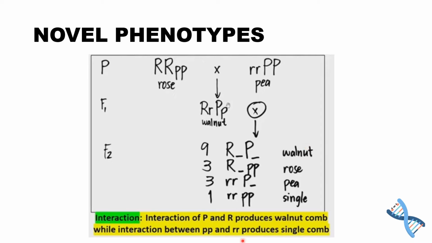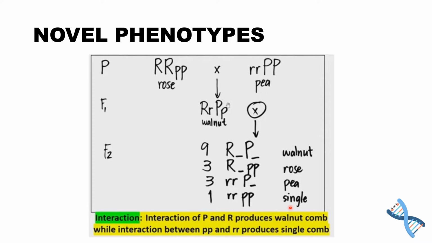Same with this, with the interaction between our recessives. So, you will see that for the rose comb type, there should be a recessive P. Here there is a recessive R, so it dictates that rose or P should come out. But look here, you have a recessive R and a recessive P, so a new phenotype comes out again, a novel phenotype again, which is our single comb type.